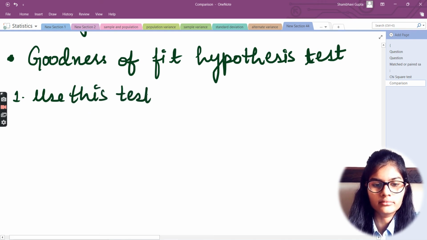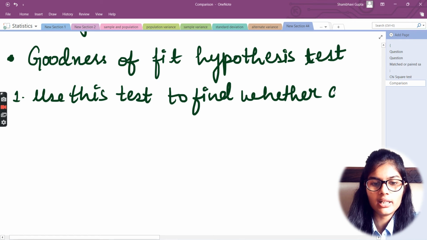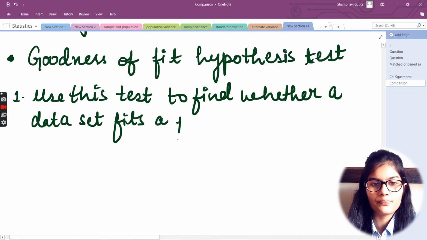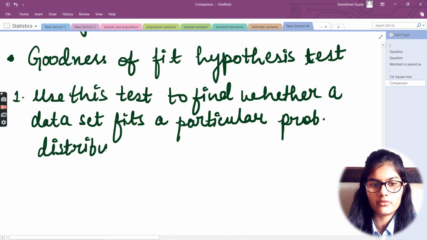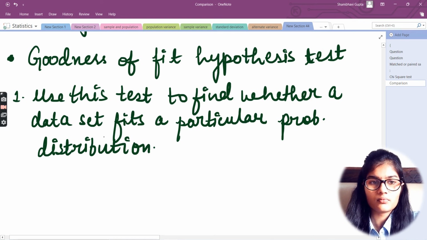Use this test to find whether a data set fits a particular probability distribution. This is what the goodness of fit hypothesis test is used for.